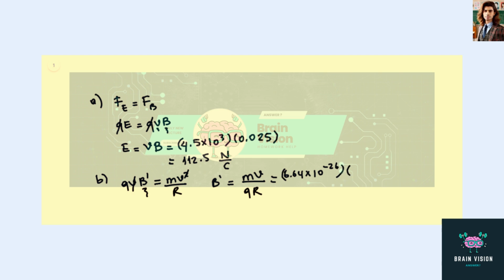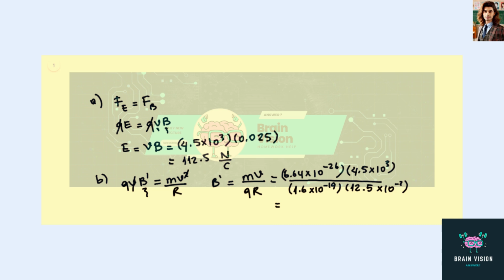The speed is 4.5 times 10 to the power of 3 meters per second, divided by, since it's an ion, 1.6 times 10 to the power of negative 19 coulomb charge, and we have the radius given as 12.5 times 10 to the power of negative 2. I did a conversion to meters from centimeters.